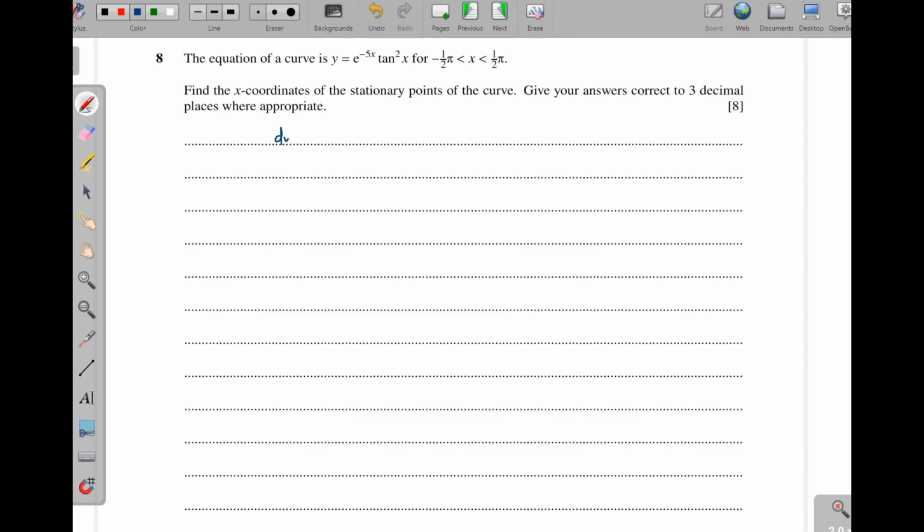So for us to get dy dx here, we are going to keep this exponential function constant, then we differentiate the tan squared. I can actually write it as tan x, then I put the square up there, then plus. Now I keep tan squared x constant, and then I differentiate e to the power of negative 5 of x. You see that?